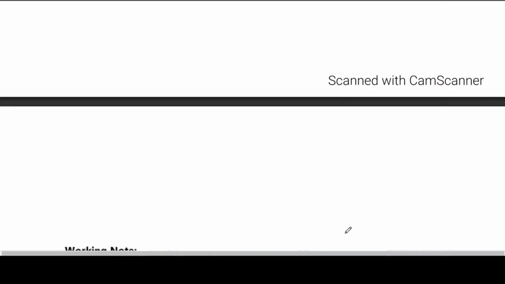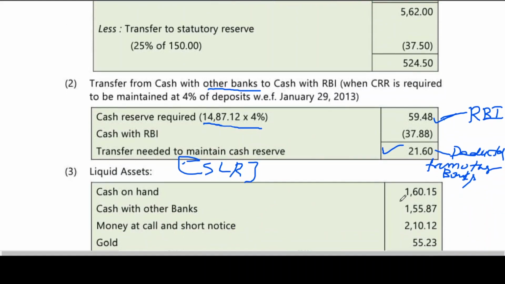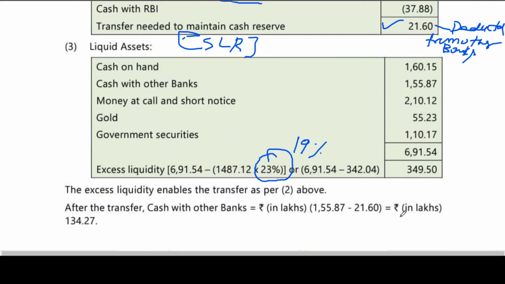You can see here, transfer from cash with other banks. This I have already explained to you. You need to transfer 21.60. Liquid assets, let us see: cash on hand, cash with bank, money at call and short notice, gold, government securities. So excess liquidity is equal to liquid assets minus SLR.